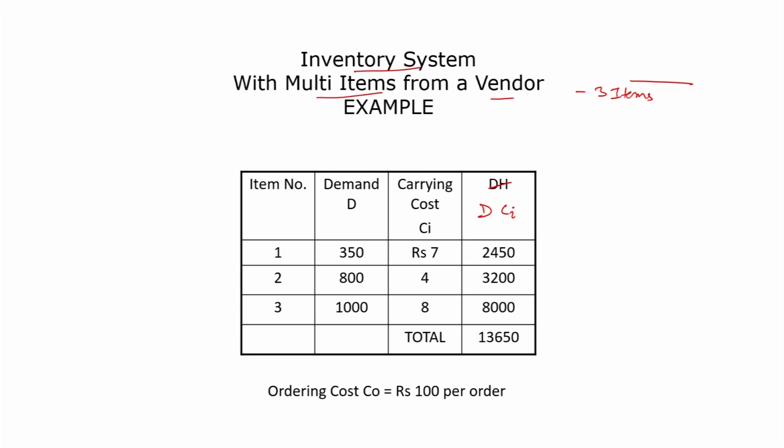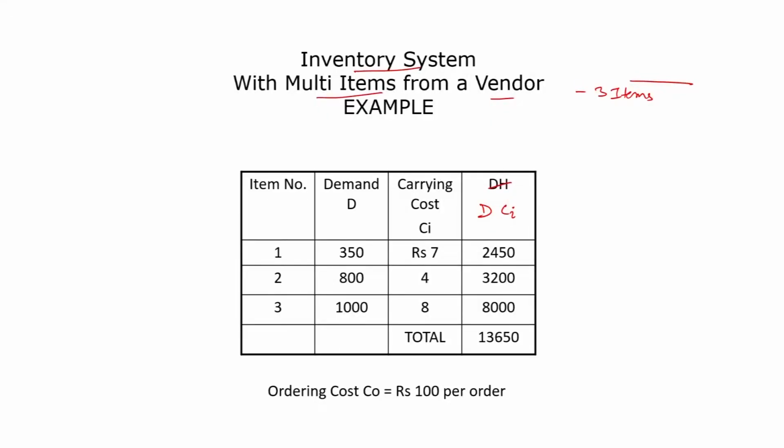So, rather than doing the inventory management of them independently, if we do it jointly, we can save cost on inventory carrying as well as on ordering and transportation cost.